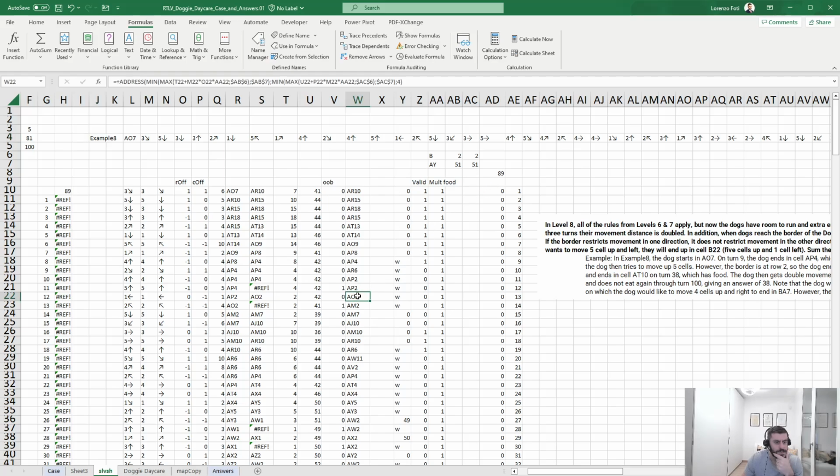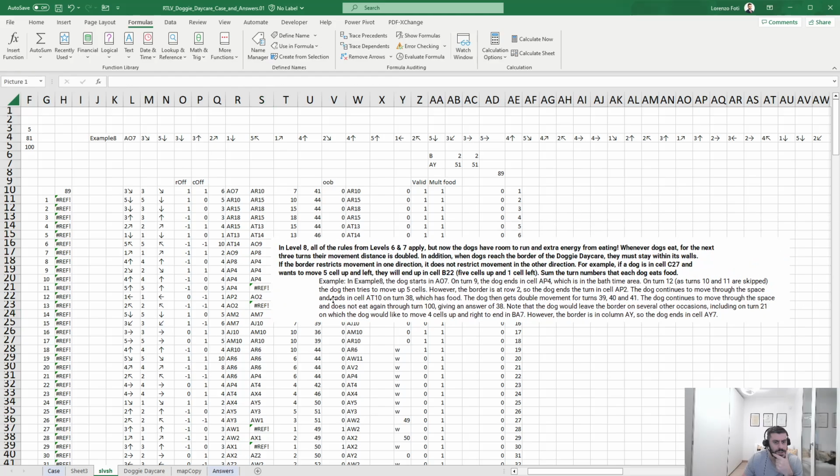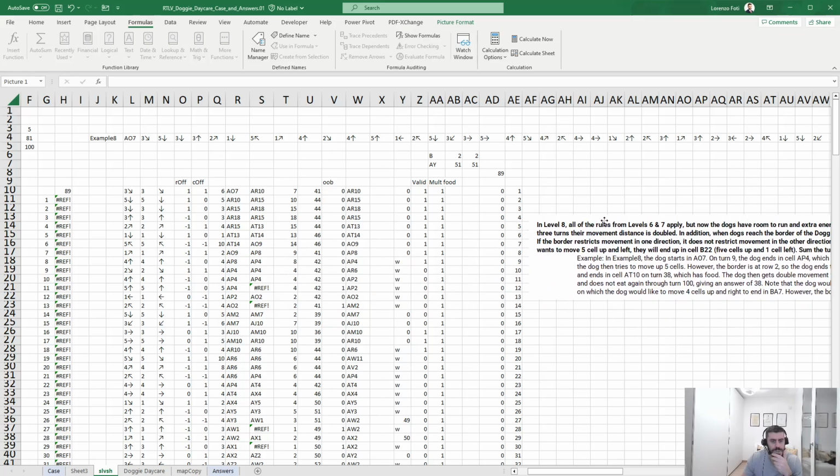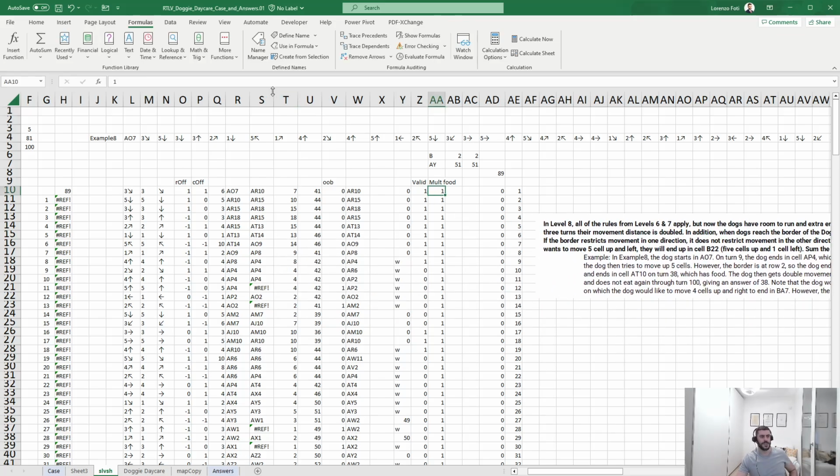So AO2, AO2, then out of bound again, AM2, 2, this time I go AM7. Whenever dog is here for the next 3 turns, their movement distance is double the addition when dogs reach the border. Oh, maybe I'm afraid that here when I look at the multiplier, I ignore the fact that there might be no movement if they are in the water.